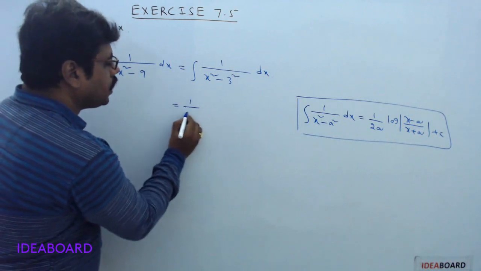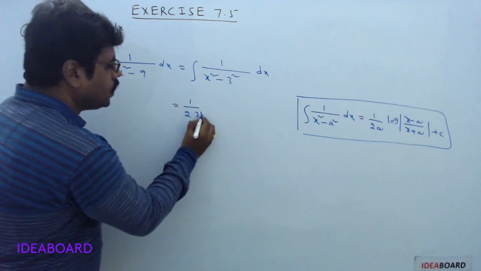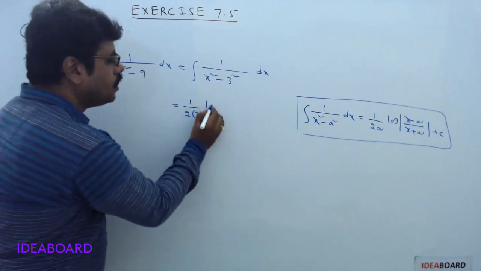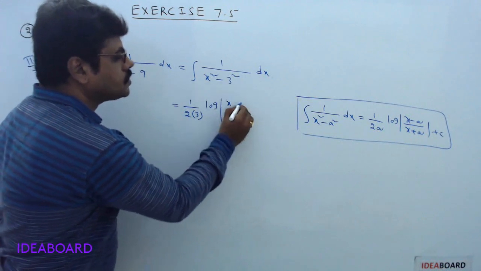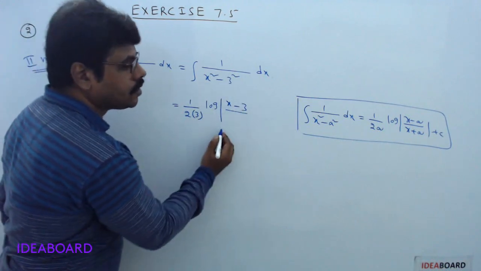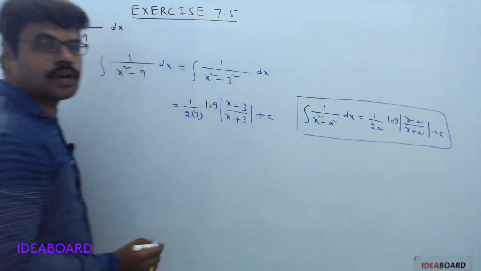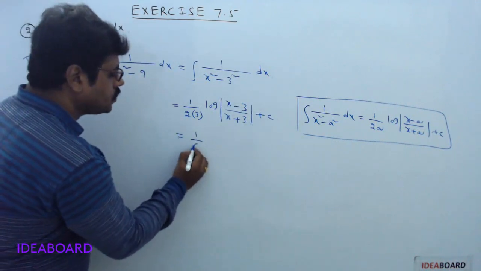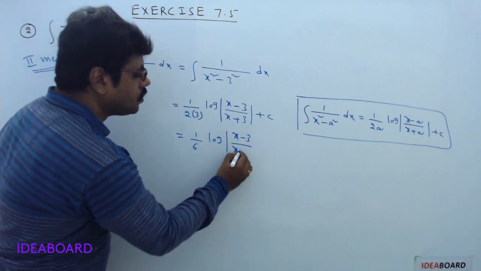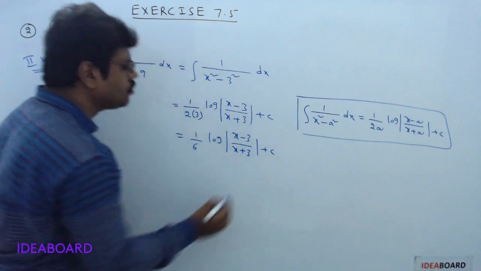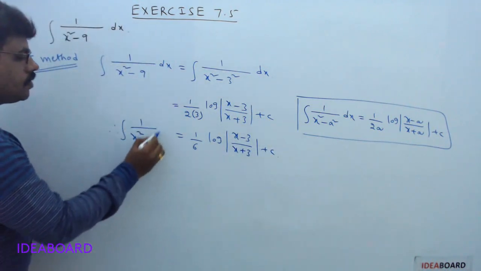So this is 1 by 2a. Here the a value is 3. So 2a, 2 into 3, log mod x minus a, x minus 3, divided by x plus a, x plus 3, plus some constant c. Now this is 1 by 6 into log mod x minus 3 by x plus 3 plus some constant c.